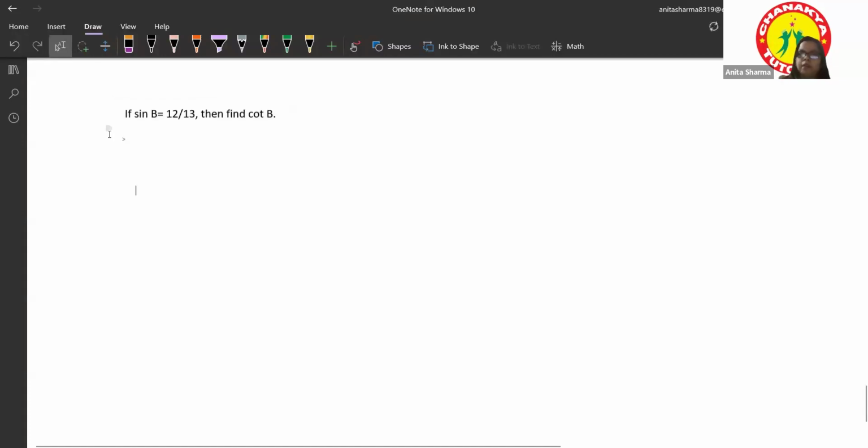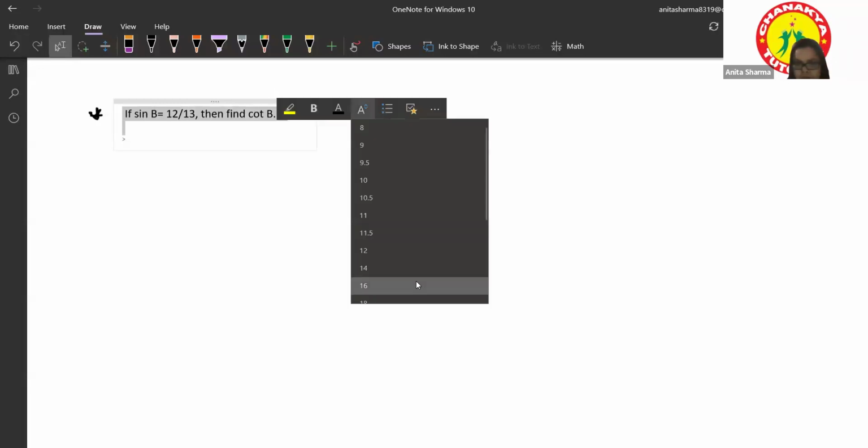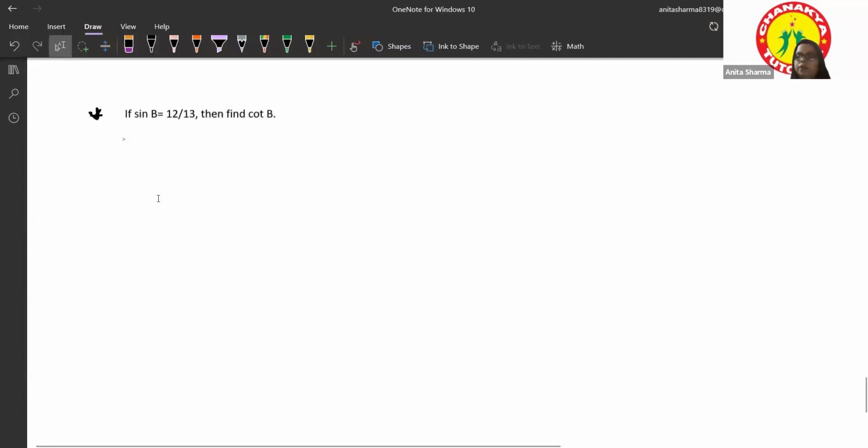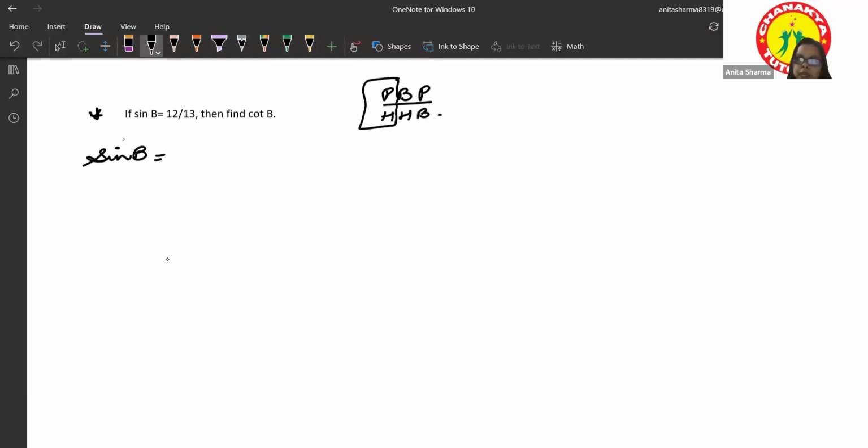Now if you are given a trigonometric function, here we are given that sine B is equal to 12 by 13 and we have to find the value of cot B. First of all, in the rough column, you need to write this ratio. The first ratio goes to sine theta: P by H.